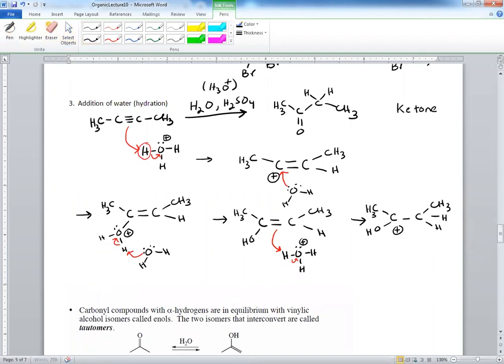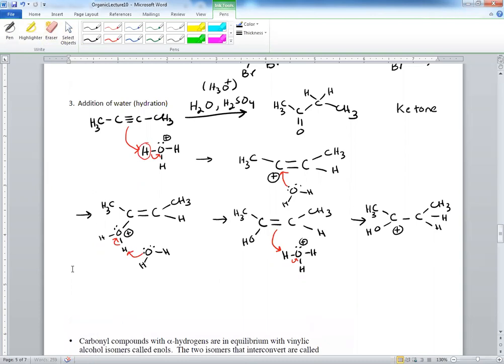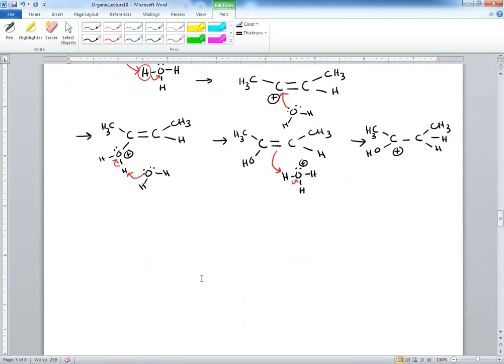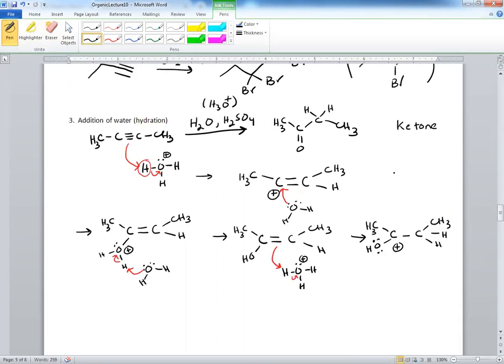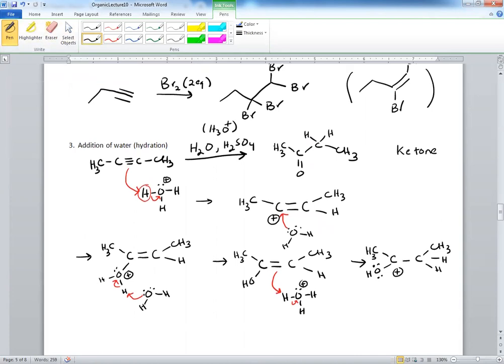Now, you might be tempted to say, okay, let me make the water molecule attack this carbocation, but you should be telling yourself not to do that, because that's not what the mechanism is telling us. The mechanism is telling us that the product would be a ketone. There is no other alcohol group attached.